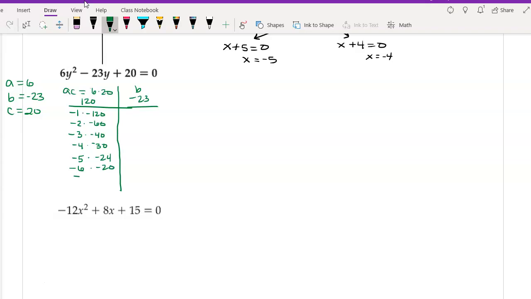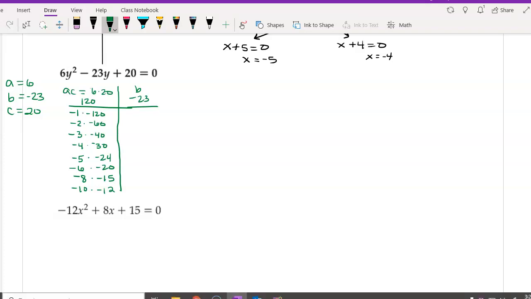Negative 7 doesn't work, negative 8 actually does work. It was just negative 15. And then I can keep going. I got negative 10 and negative 12. Our next factor would be negative 12, and we'd just go right back up what we've already listed.